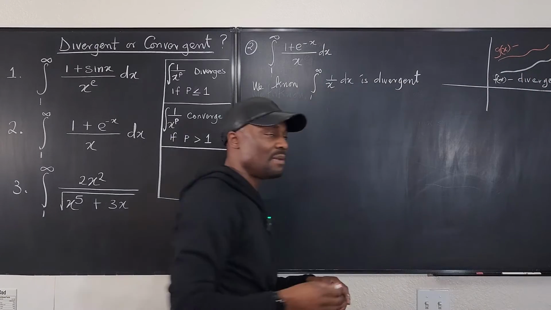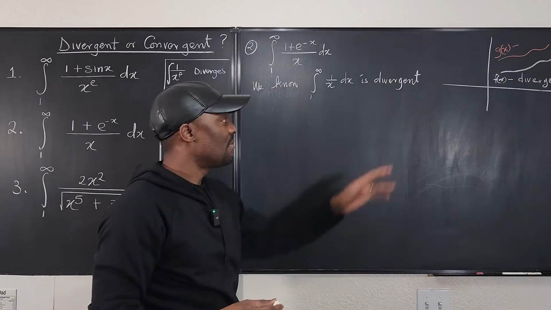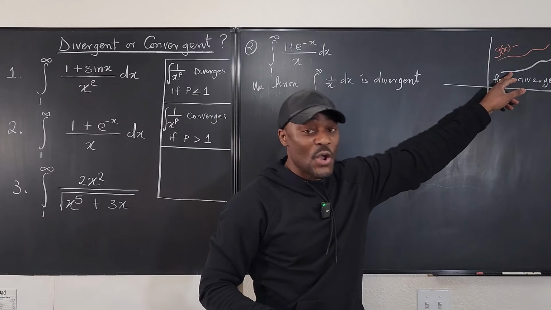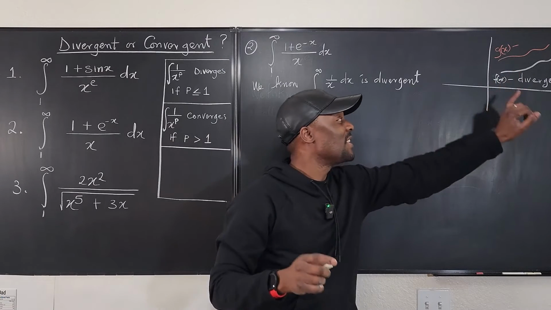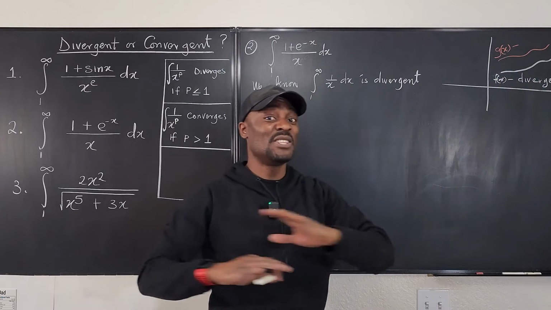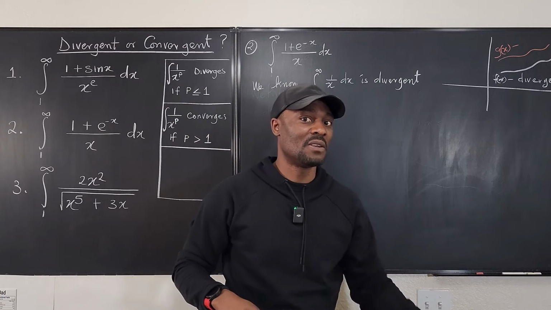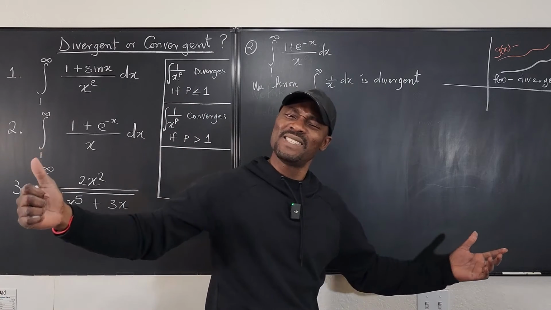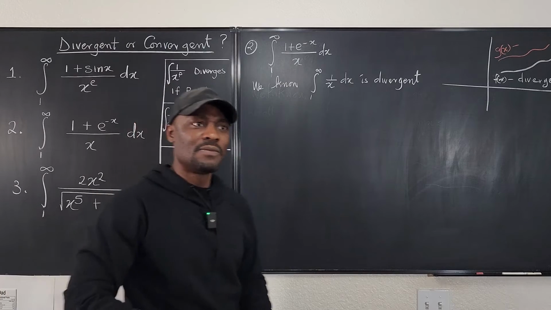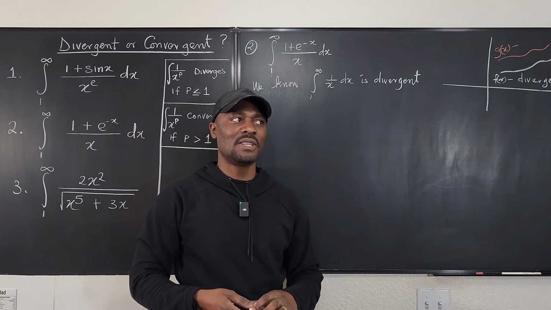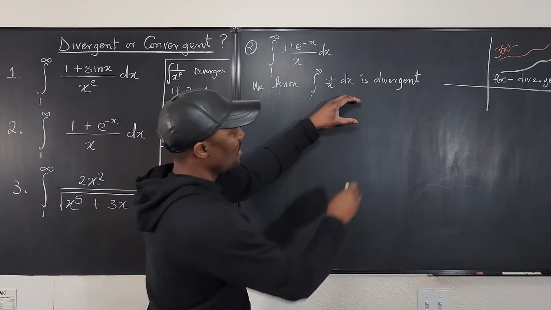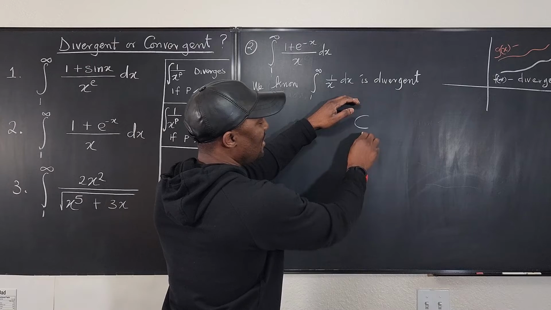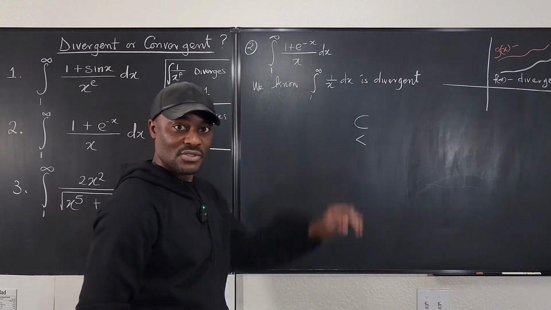So we're trying to establish a greater than relationship compared to this. That's the only way this is useful. If you get a less than relationship, it is useless. Less than is good for convergence, greater than is good for divergence. Come on, that's easy. Okay. Convergence. What's the letter C? Convergence. C. Less than. Don't mix them up.